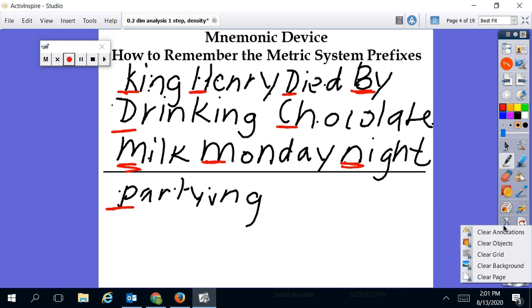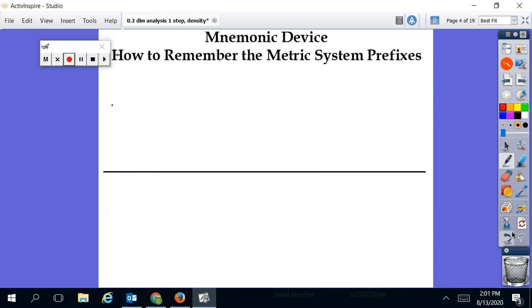Okay. Now, we have our base units, grams, meters, and liters. We have a couple more things on the right, so I'm going to put our base unit right here. And remember a base unit is going to be grams for mass, L for volume, liters, and M for length, which is meters.